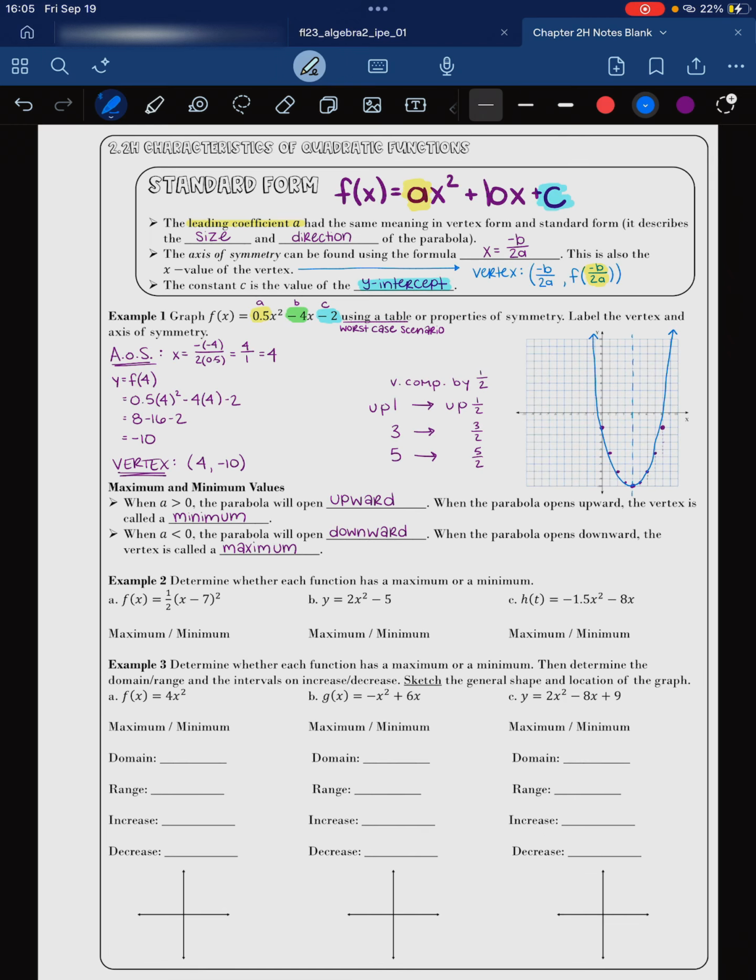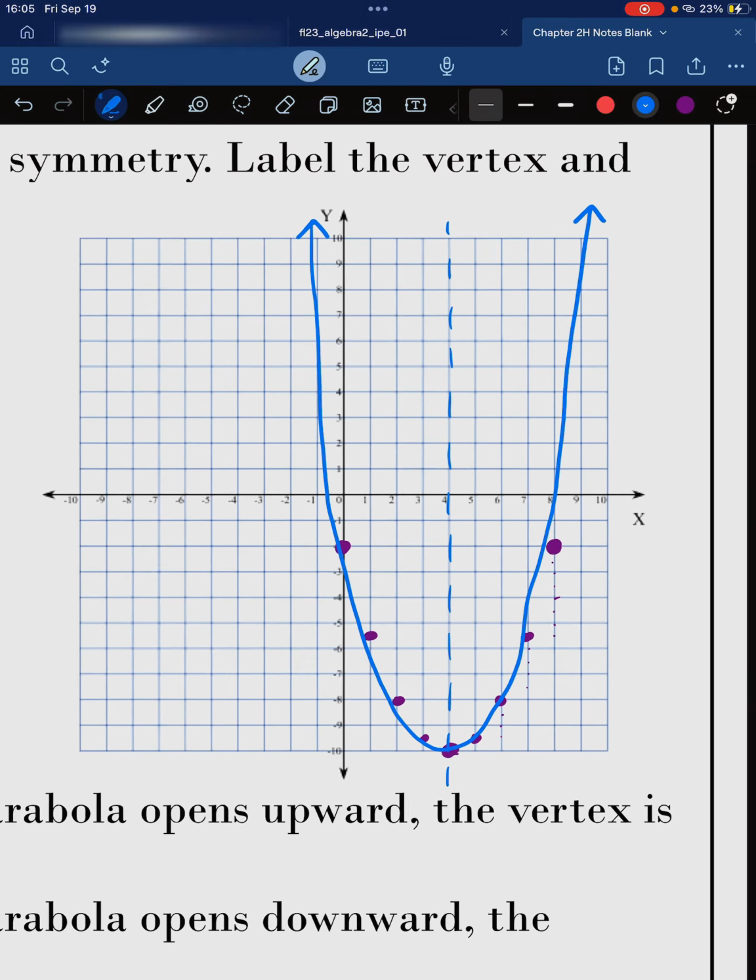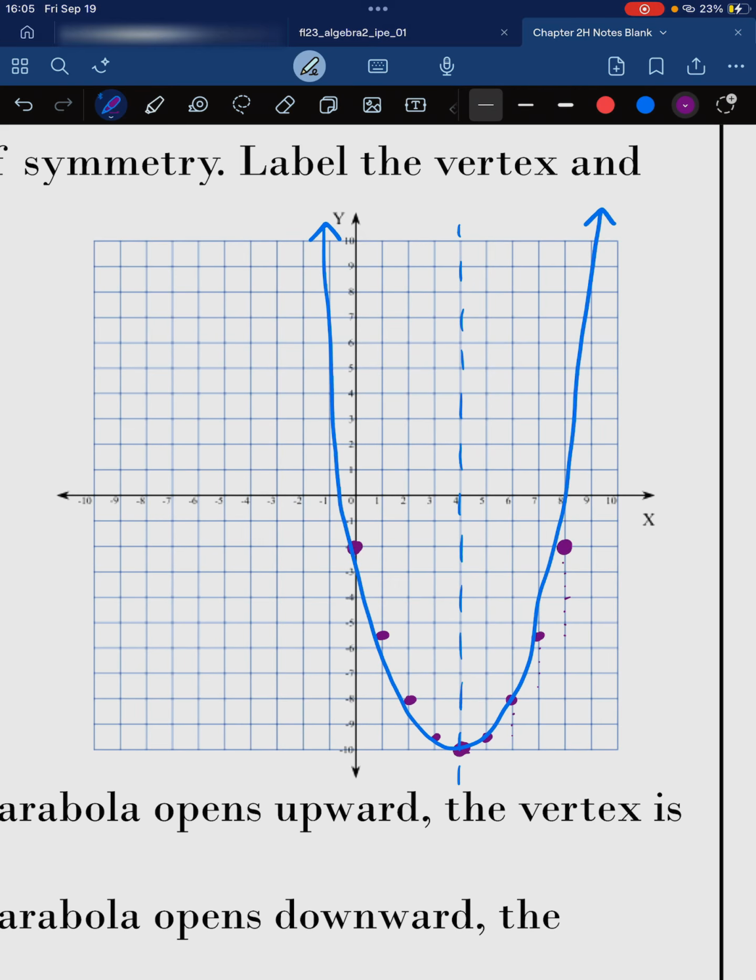Okay, so I graphed that function in standard form, really the same way as vertex form. We just had to use that extra formula to find the vertex. Okay, something that is super important in this course is to recognize that when a parabola opens upward like this, we call this value at the bottom the minimum, because it is the smallest value that the parabola can equal.